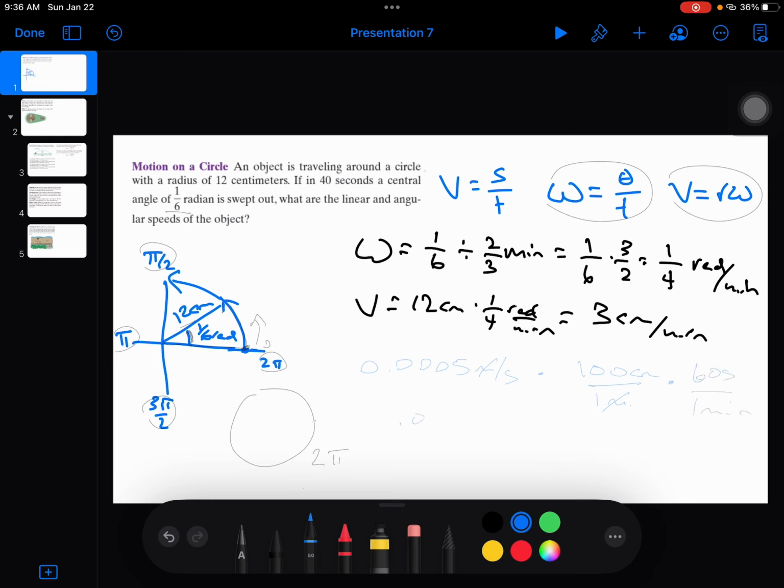So we're going to take 0.0005 times 100, and then times 60. Times 100 is just going to move our decimal point two spaces, so we got 0.05 times 60. 5 and 6 is 30. And then we're going to move that decimal place over to give us 3.0 centimeters per minute.